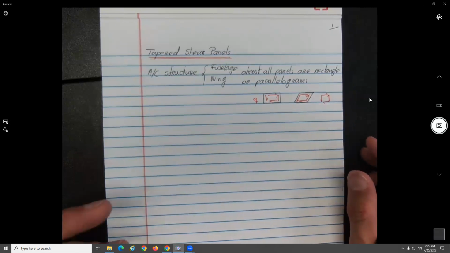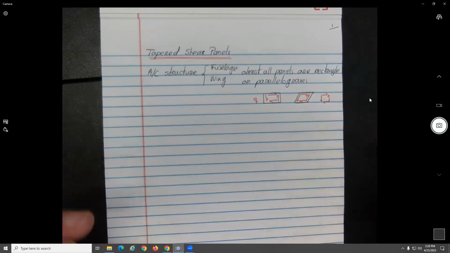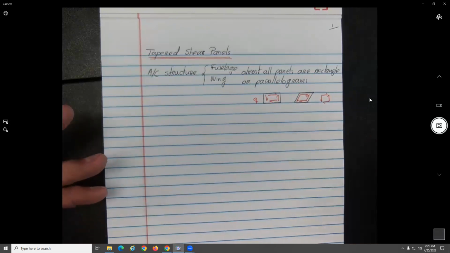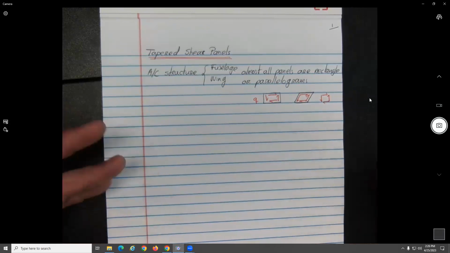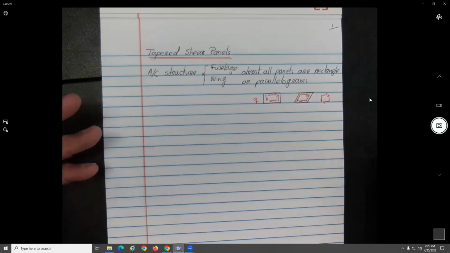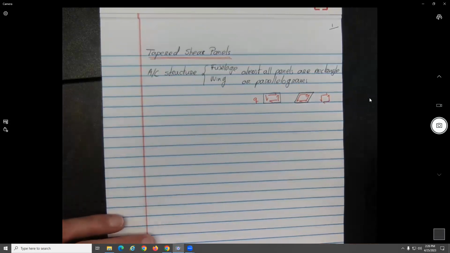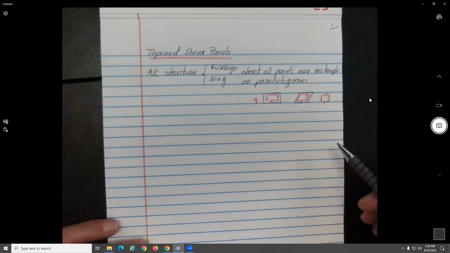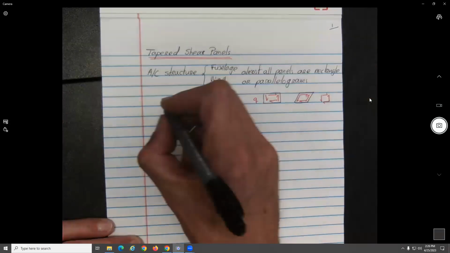And that's what we have been doing all semester long, because when I look at an aircraft, I'm pretty sure some panels are not completely rectangular, but almost all of them are rectangular, no? Or parallelograms. A rectangle is a special case of the parallelogram.